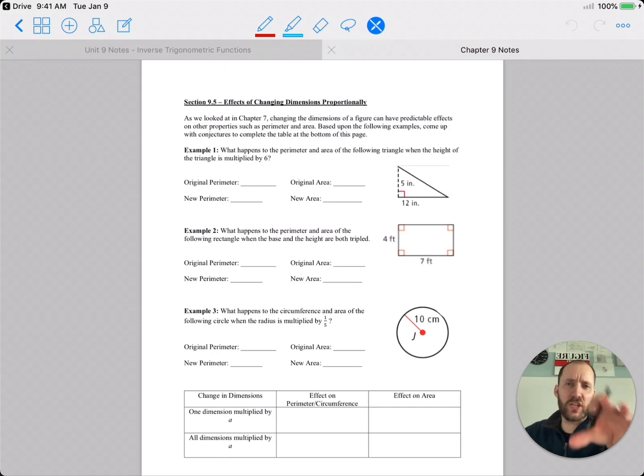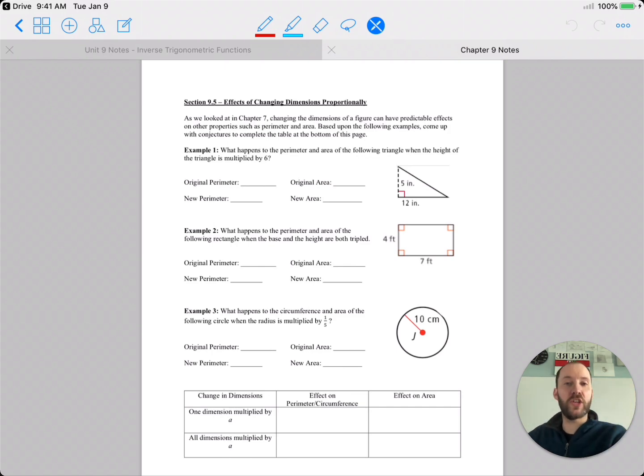So in this section, we're going to look at that also, but a little more specifically, we're going to try to find specific formulas that we can use to make predictions about when a shape is changed.